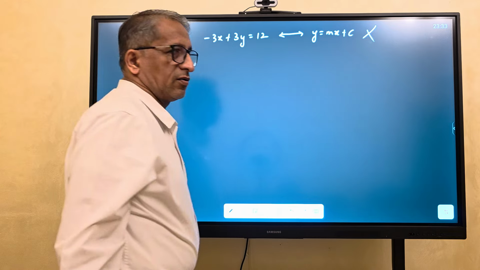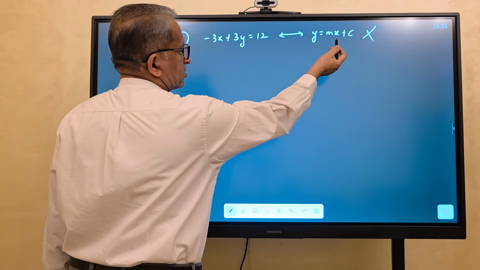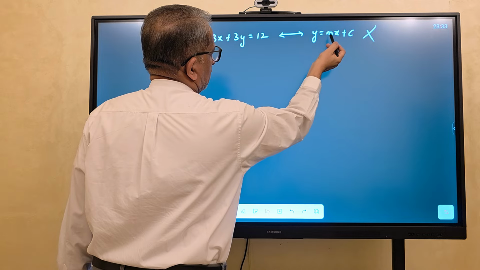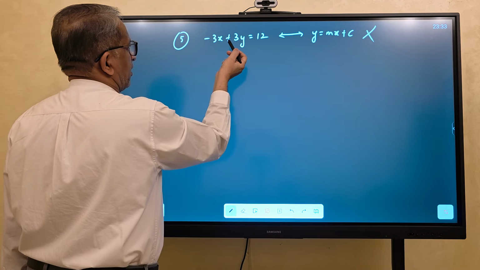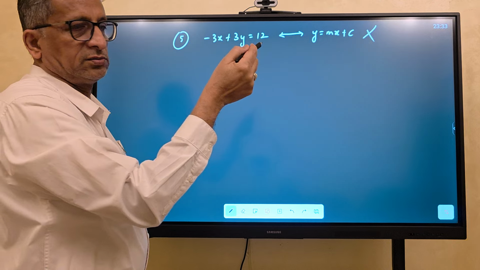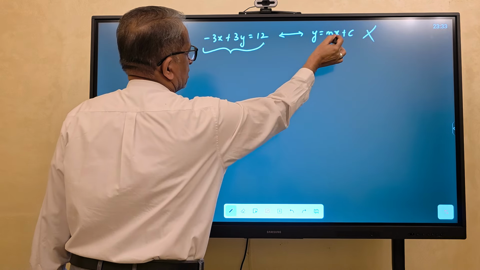Comparison is not there. Why? Because I will compare the same form of equation. Here y is on the left, x and number on the right. Here the number is on the right, fine, but x and y are on the left side. I cannot compare. So what I will do now, I will write this in this way.